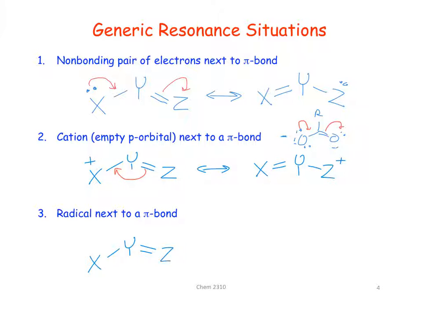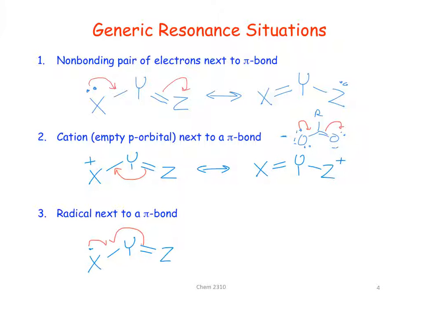The third generic type of resonance situation we won't see much until the very end of this semester. In this case, we have a radical. A radical is a lone, unpaired electron on an atom next to a pi bond. So in this case, we draw it a little bit differently. When we draw single electrons, we draw single-sided arrows. So we're going to move that electron and combine it with one of the electrons in this pi bond.